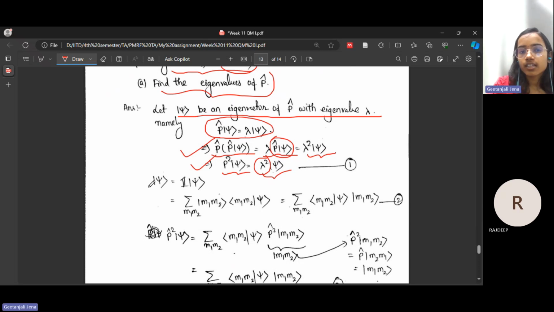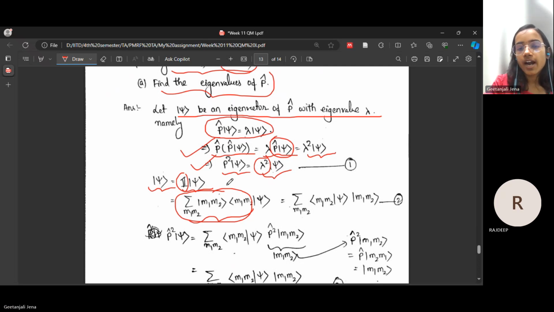Now let us see how we can express this eigenvector psi in terms of the uncoupled eigenbasis m1 and m2. So psi, you can write as identity times psi, right? And this identity, you can write as a summation over m1 and m2 of the outer product of m1 m2. This one you already know, it is the identity.